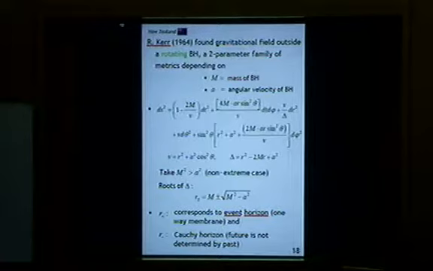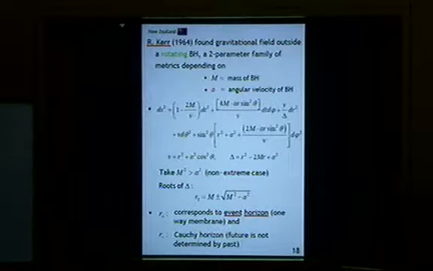The Schwarzschild black hole doesn't rotate. So what he found was a two-parameter family of metrics. That means it depends on two constants: the mass of the black hole, that's m, and the angular momentum per unit mass of the black hole, that's a. And here's the line element for the Kerr metric.